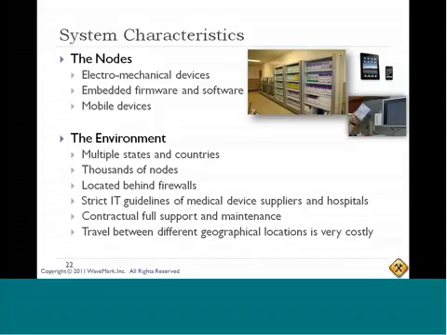They run in an environment where we have a distributed geographical span, across multiple states, multiple countries, thousands of them. They're generally located behind firewalls, except for the mobile devices. Behind these firewalls, there are strict guidelines that control the network for both the medical device suppliers as well as the hospitals.